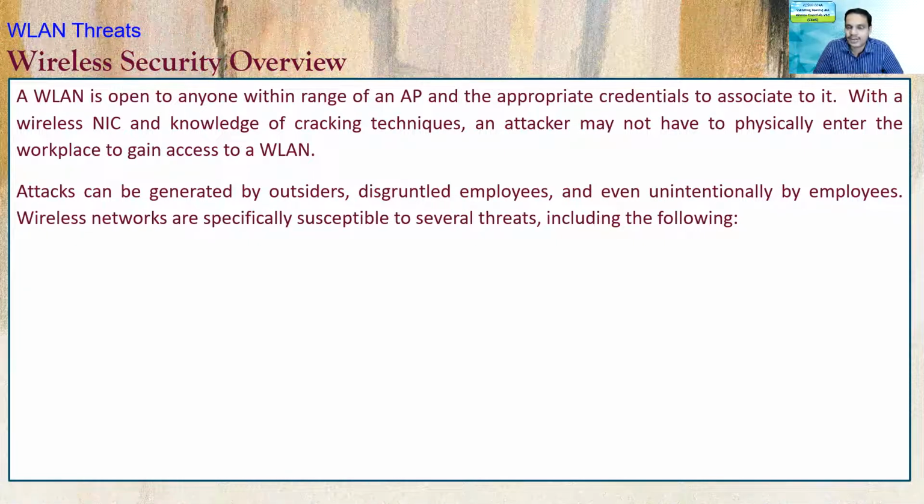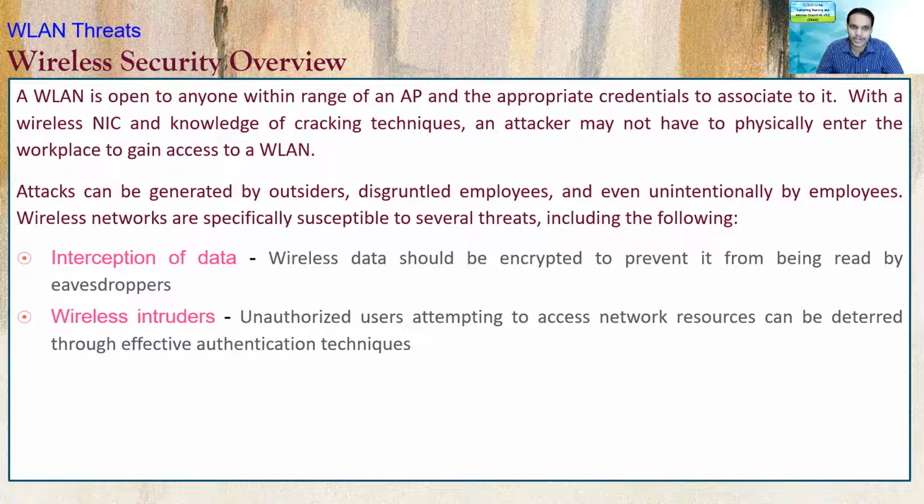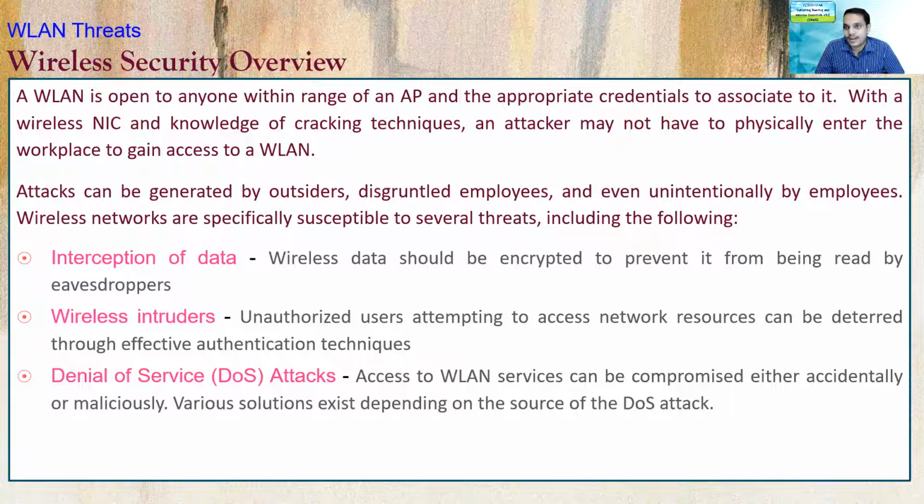The attacks can be generated by outsiders, disgruntled employees, and even unintentionally by employees. These wireless networks are specifically susceptible to several threats, which include interception of data, where somebody else might be reading your confidential information; intruders, unauthorized users attempting to access the network resources; and denial of service attacks, DoS attacks.